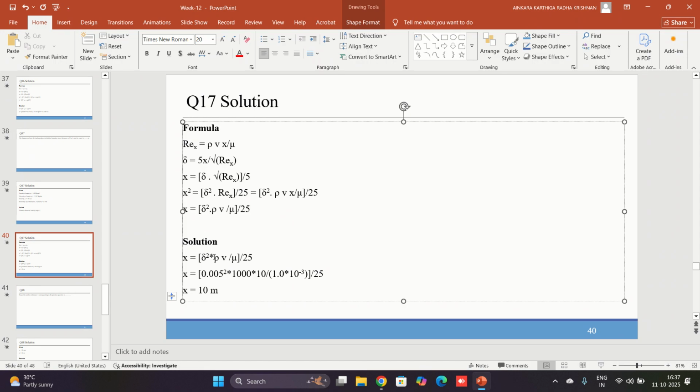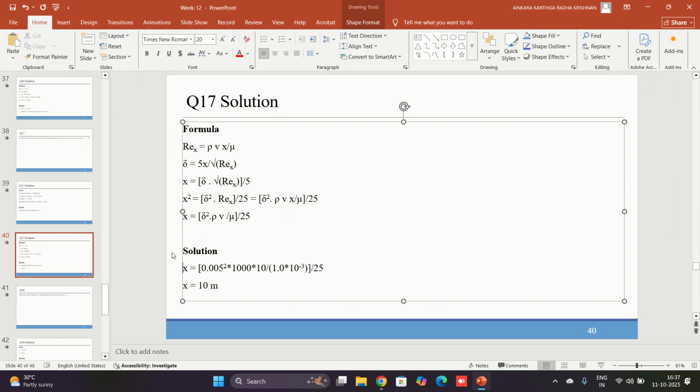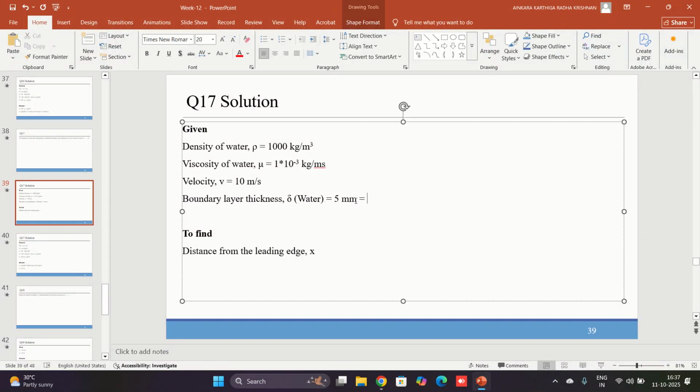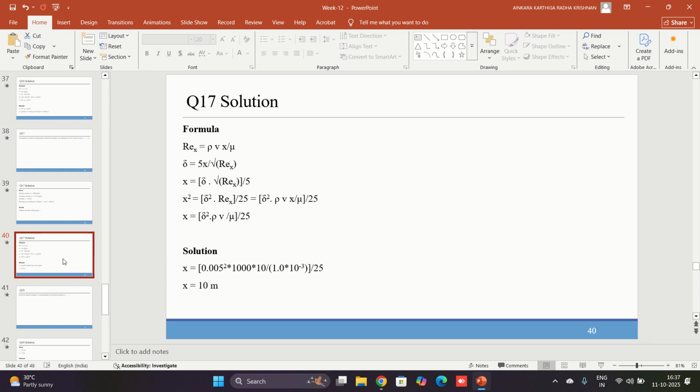So if we substitute it, what happens? Delta, the boundary layer thickness, is given as 5 mm, or in other words, 0.005 meters. So 0.005 square into rho, which is 1000, into v, which is 10, divided by mu, which is 10 power minus 3.